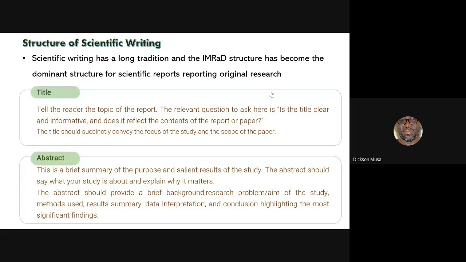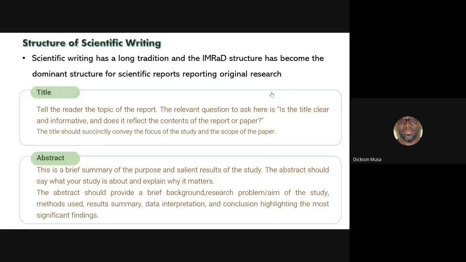So the abstract is usually divided into these four structures: the background or introduction, which shouldn't be more than 1 or 2 sentences, followed by the research problem or the aim of the study. Then the second section is the methodology, the method used. This should be a brief summary of the method used without putting citations.